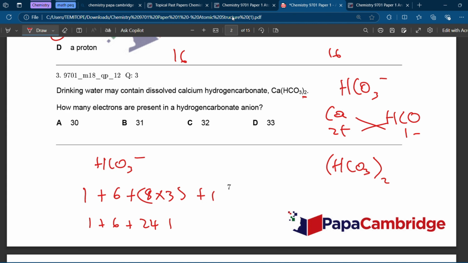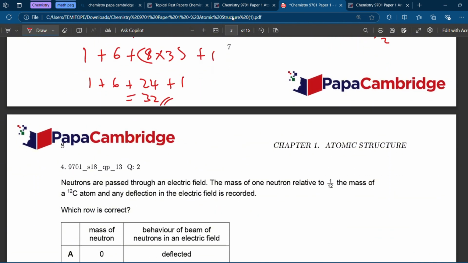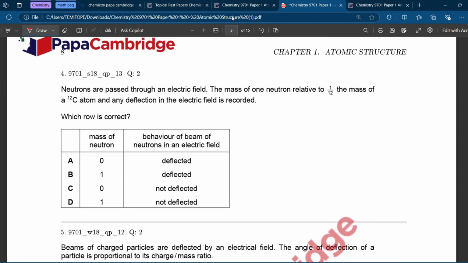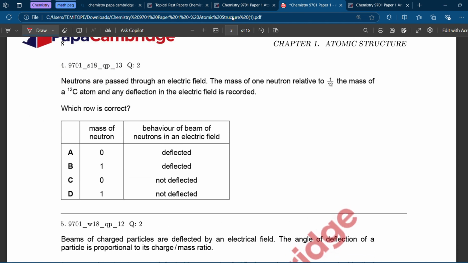So we do 1 plus 6 plus 24 plus 1, and that is 32. I hope my explanation makes sense, because hydrogen has just 1 electron, carbon has 6, oxygen has 8 but there are 3 oxygens, so 8 times 3, and then the 1 extra electron because it's an anion.